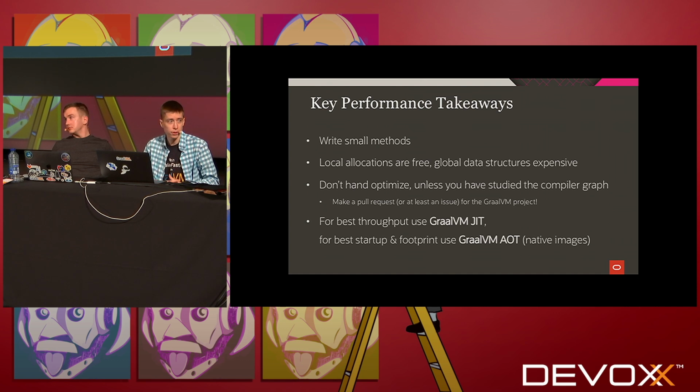Second point is local allocations are free, global data structures are expensive. When you do allocations locally, often the just-in-time compiler can remove them completely.